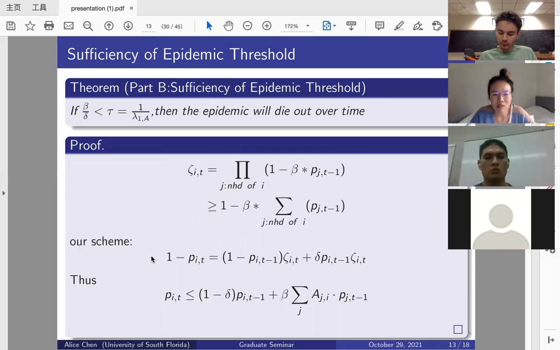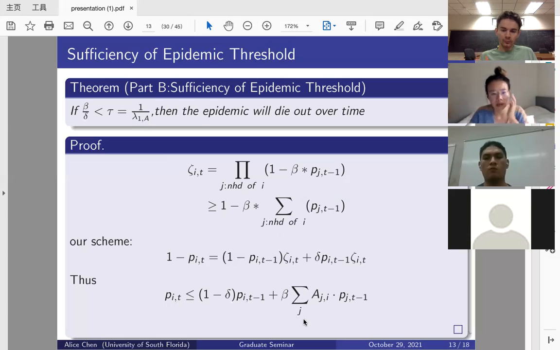And since our scheme is this, we just plug those inequalities back into the nonlinear system, in discretized form, and we get that p_i(t) is less than or equal to the right-hand side, which is always about the t minus 1 step. Here I just use the adjacency matrix to replace the summation over the neighborhood.